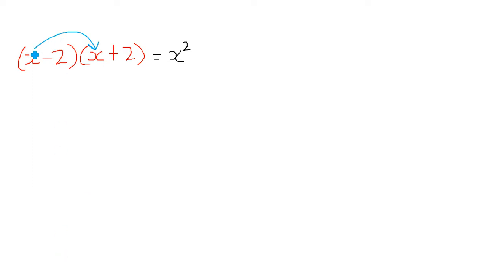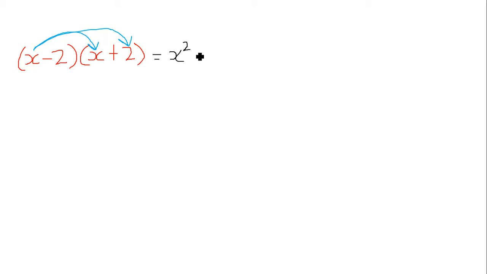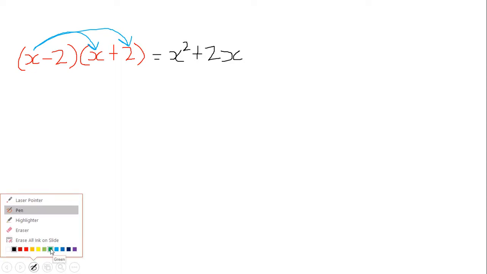Then we say x times 2 is going to be equal to what? 2x, yes. It's called the FOIL method. I thought it was multiplying brackets. I never knew the FOIL method.